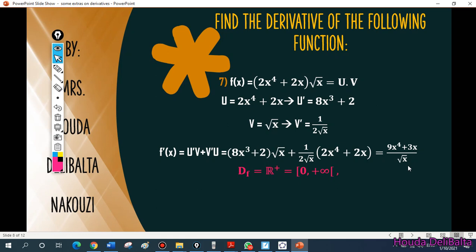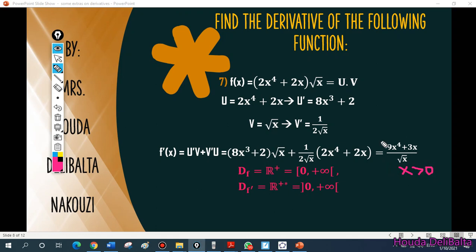So the domain of definition of the derivative f prime is going to be R plus star. It's not just R plus, because 0 is not accepted here, since we have radical x in the denominator, and then the condition is that x should be strictly greater than 0.